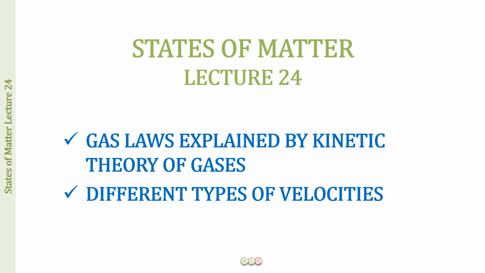While we were discussing the kinetic gas equation, we talked about the average velocity and the root mean square velocity, if you remember. So we will be discussing more about these two types of velocities, and one more type of velocity, the most probable velocity. So let us begin with the gas laws.